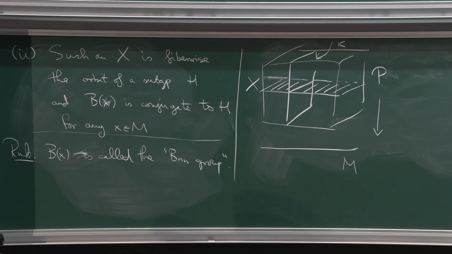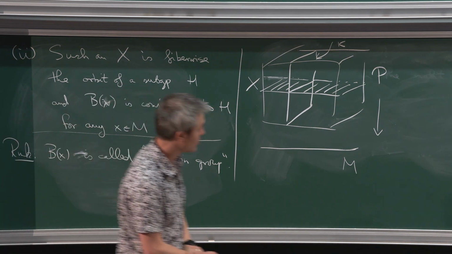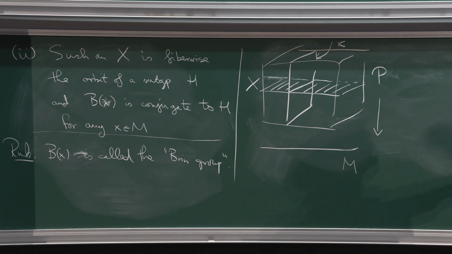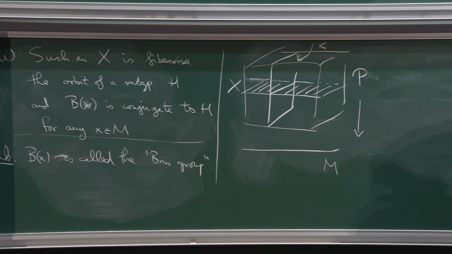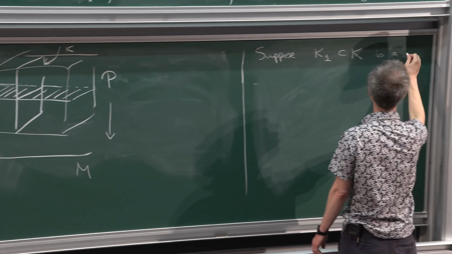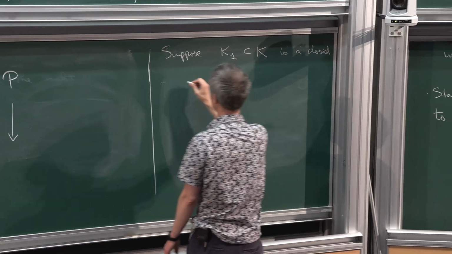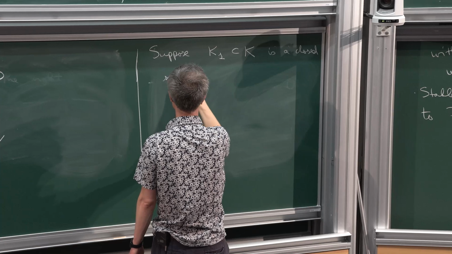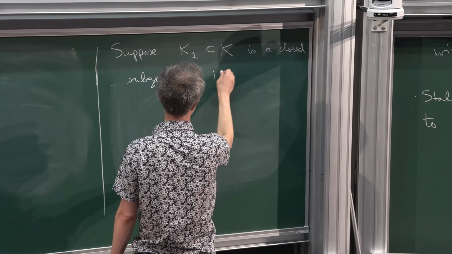Okay. So another general fact, once you develop this formalism of these groups, is that suppose K1 inside K is a closed subgroup, for example, the trivial subgroup.